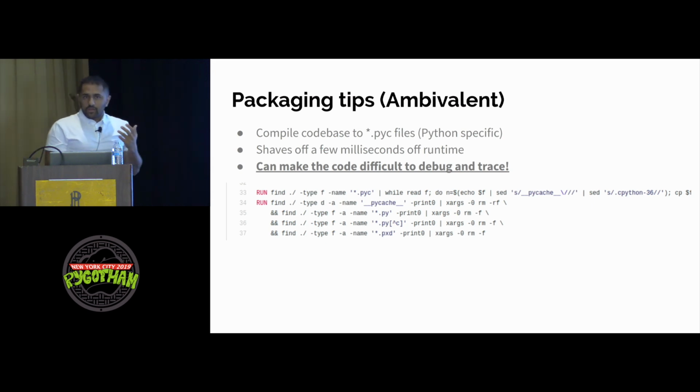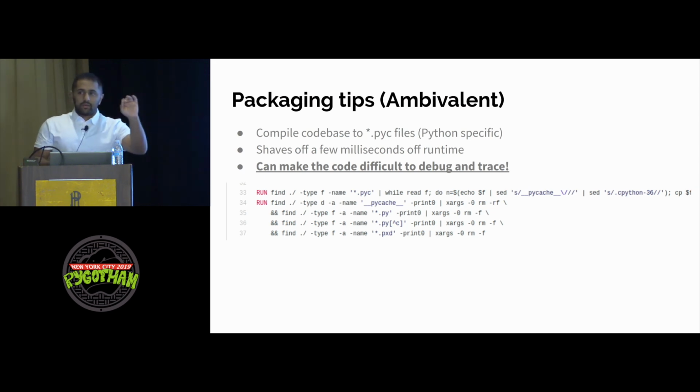Another packaging tip that you can use, but I would not outright or very openly recommend it, is to compile your code base to PYC files. What that does is each time your Lambda function is invoked, it saves the time the Python interpreter takes to convert your Python files to PYC.